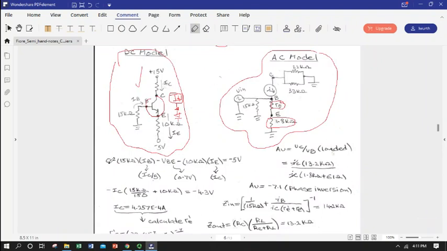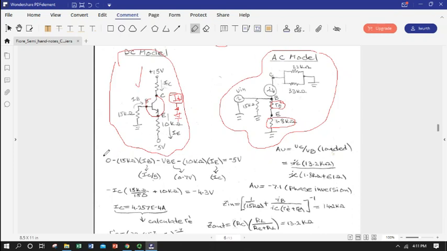So here's a good old biasing DC Kirchhoff's voltage law going from ground, base current flowing through our 15K base resistor. We're going to drop 0.7 volts over our base emitter junction. We're assuming we have a silicon transistor, and then we're going to flow our emitter current, which is approximately the same as our collector current, over a 10 kilo ohm resistor, and we should end up with negative 5 volts at this point.